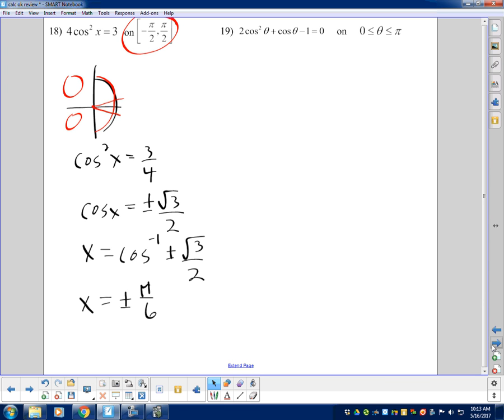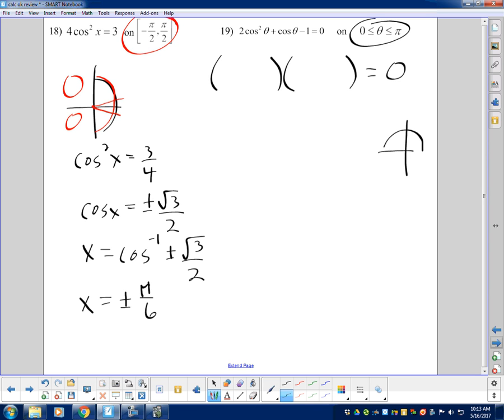All right, number 19, it says solve, and it gives you a polynomial type equation here. So we're going to solve this by factoring like we would a quadratic. So q equals 0, and remember we're on 0 to pi, so we're just going to draw a picture on that here to here. So we have 2 cosine theta and cosine theta. I'm thinking of cosine theta kind of like x's.